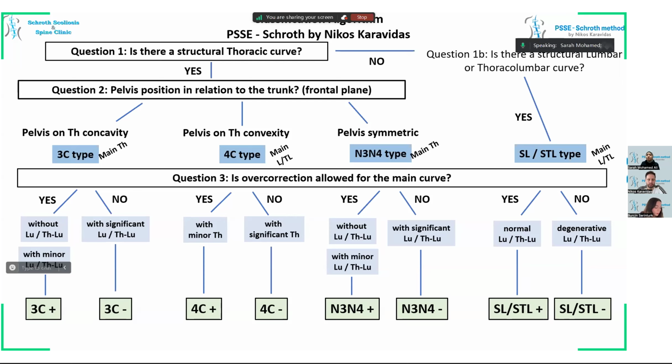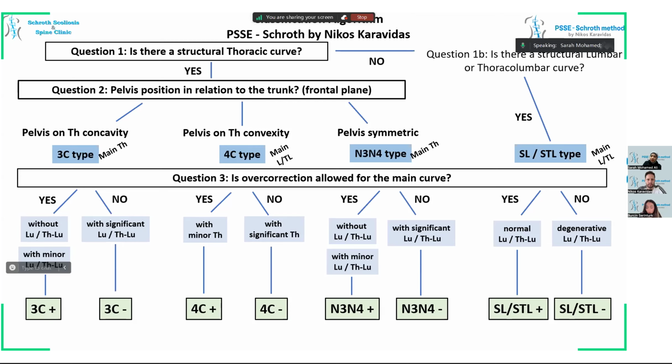For the last curve type, I don't have a structural thoracic scoliosis, so my question will be: is there a structural lumbar or thoracolumbar curve? If yes, I will give it as SL or STL type, with the main curve being the lumbar or thoracolumbar.